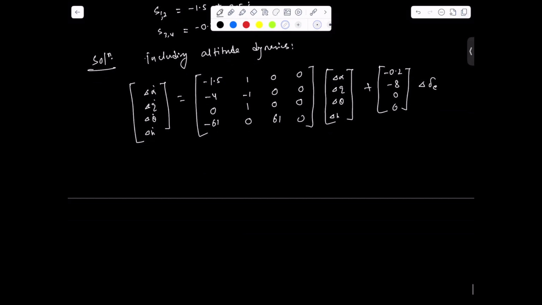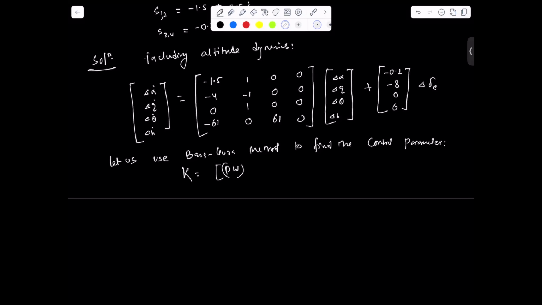Let us use the Bhaskara method to find the control or gain parameters, which is K equal to P W transpose inverse alpha minus A.